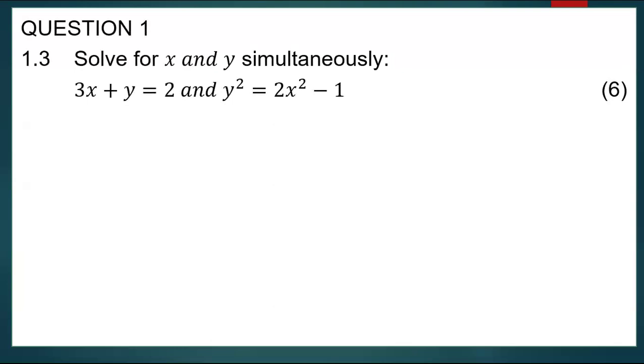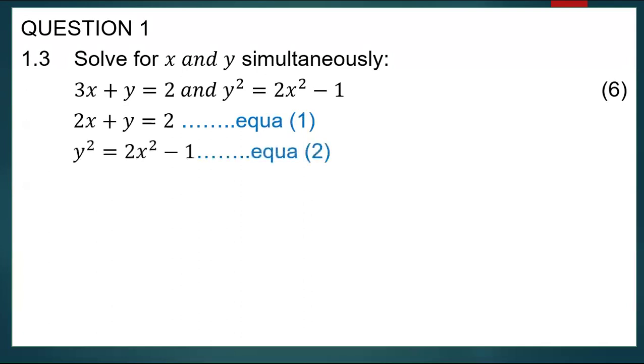3x plus y equals 2 will be equation 1, and y squared equals 2x squared minus 1 is equation 2. Then I'm going to choose equation 1 and I'm going to solve for y because it won't result in me having a fraction.